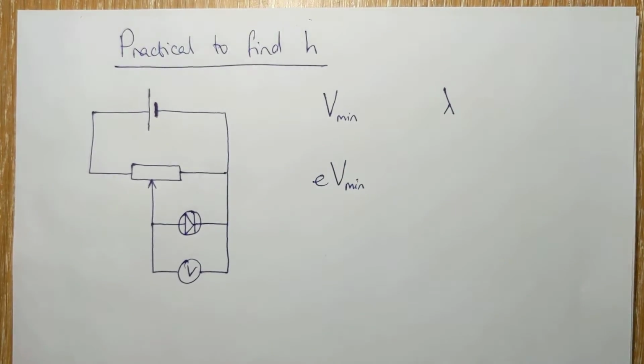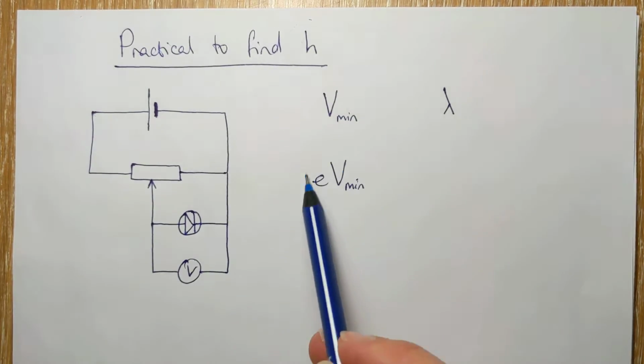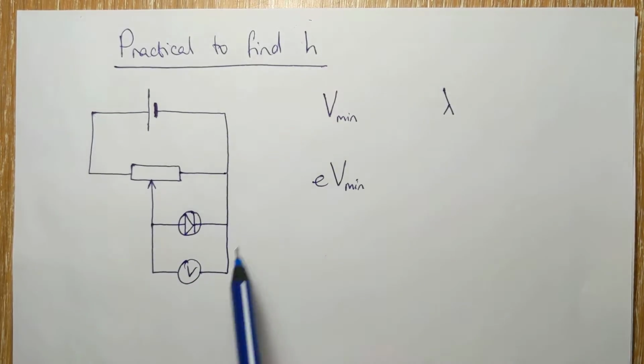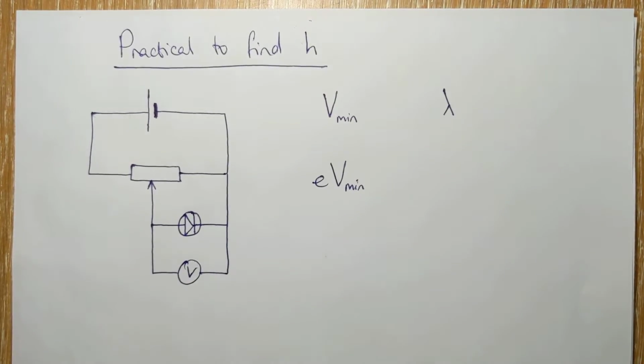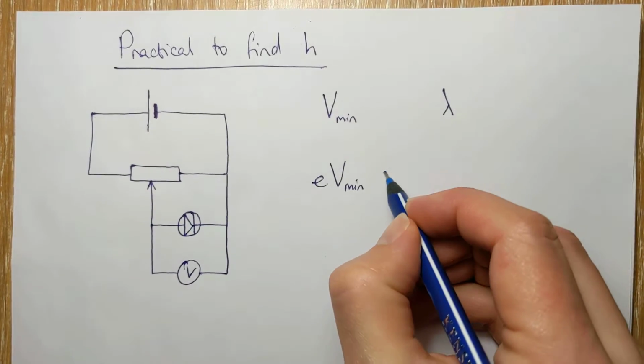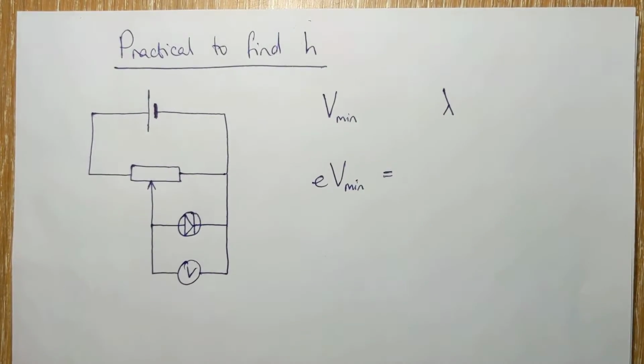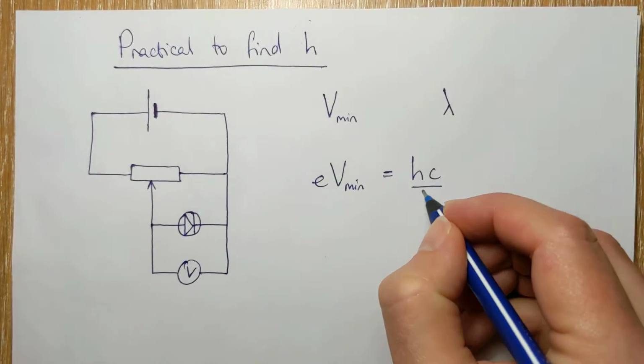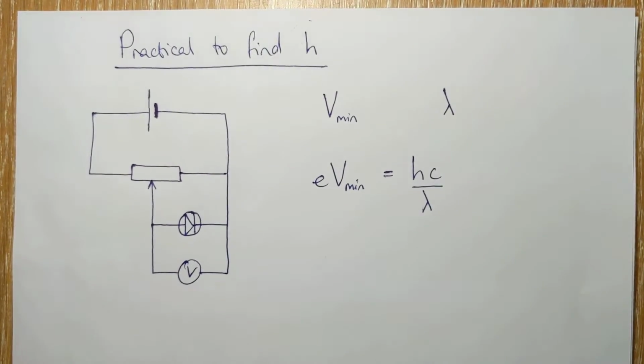We've done that formula when we looked at accelerating electrons in the first video today. So that is the kinetic energy of an electron accelerated over this PD here. And we're saying that all of that energy gets turned into a photon of light. Well, the energy of that photon will be hf, or if we use the wave formula, hc over lambda.